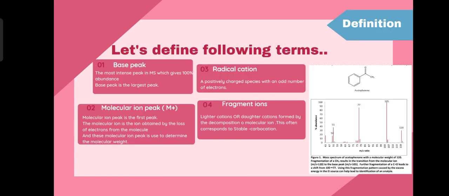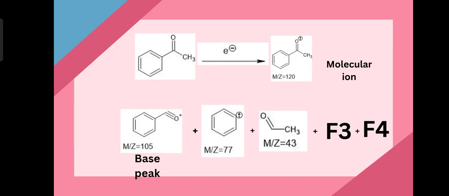Next is, what is fragment ions? These are nothing but the lighter cations or the daughter cations which are formed due to the decomposition of the molecular ion, and this often corresponds to the stable carbocation. So here I have said that this molecular ion, if it is unstable, then it will undergo further fragmentation to form a stable molecule. This is nothing but the fragment ions.